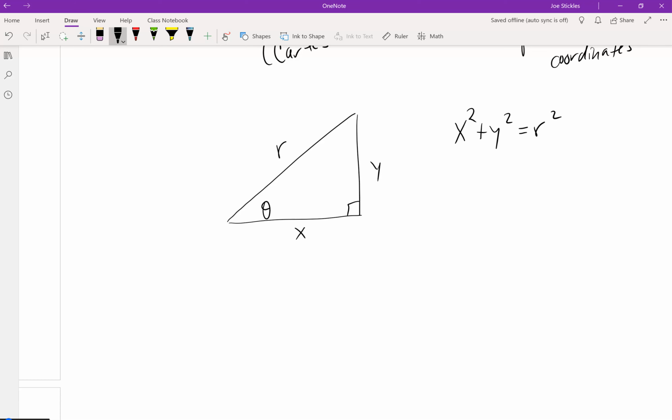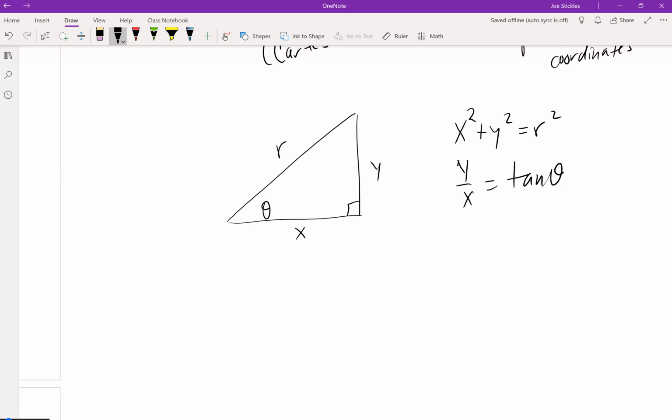All right, well, let's ignore the r now and have another relationship between the x, the y, and the theta. Well, I see that my theta here is my angle, my y is opposite that angle, and my x is adjacent to that angle. So if I do y over x, that has to be tangent of theta.